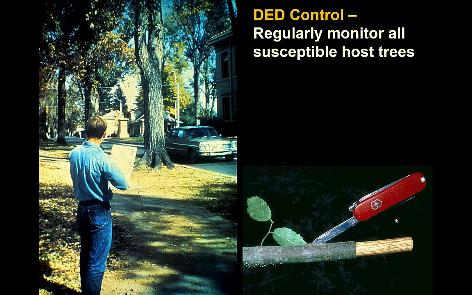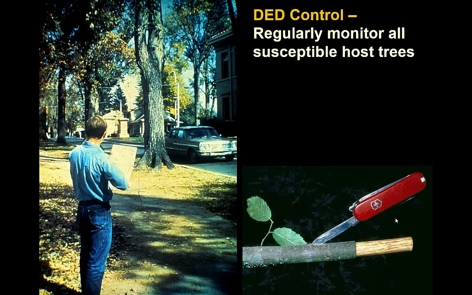So any place where American elm are being grown in the western U.S., these are almost always regularly surveyed, usually 2 times a year by city forestry or parks personnel, to try to detect early stage symptoms of trees that are infected.